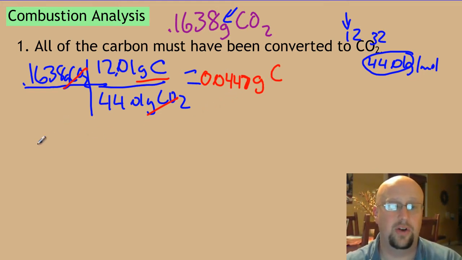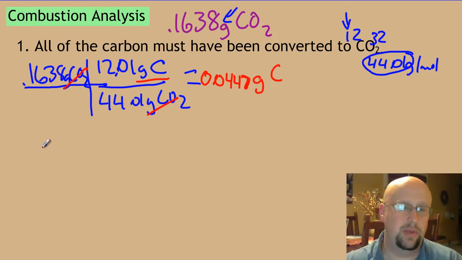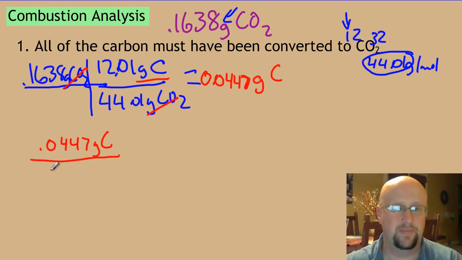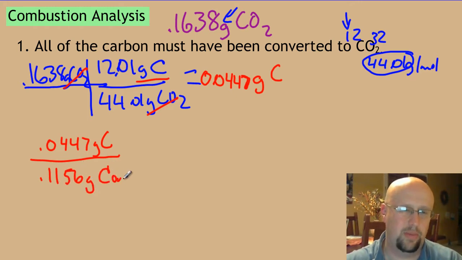So how do we turn that amount into a percent? Well, we take that 0.0447 grams of carbon and we divide it by the original sample. Not this amount, but by what the original sample was, which is the 0.1156. So we come back over here. We've got 0.1156 grams, and we're just going to call this the compound.